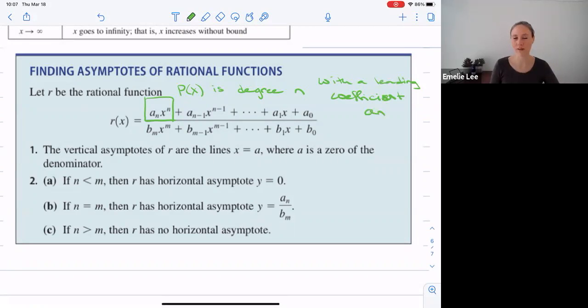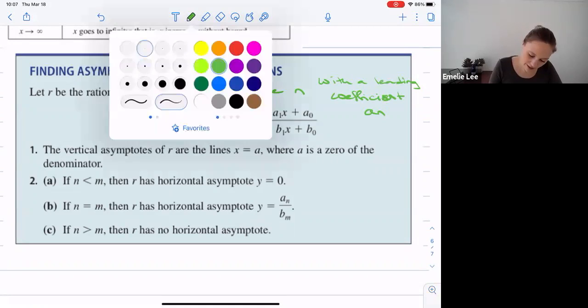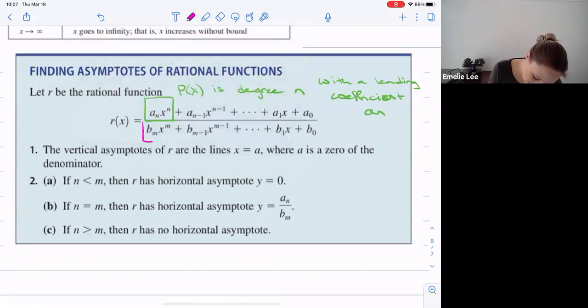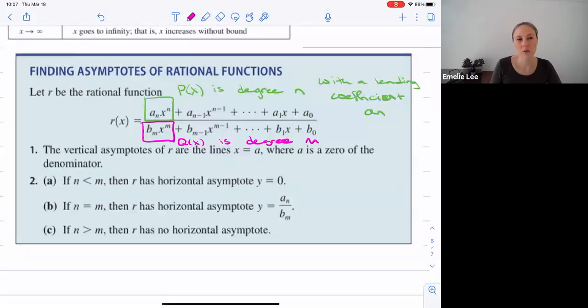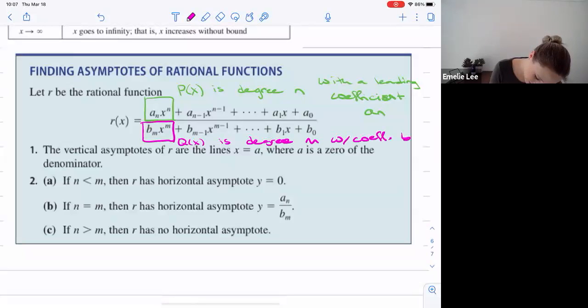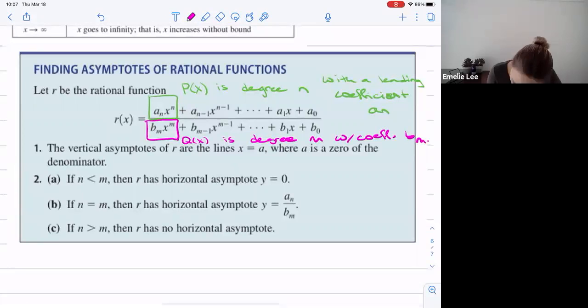So it's just whatever the leading coefficient is. And then q of x, the denominator, is degree m with a coefficient b subscript m.